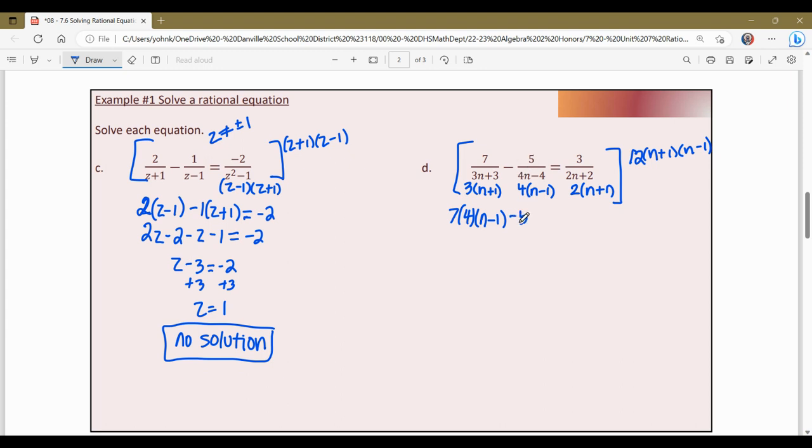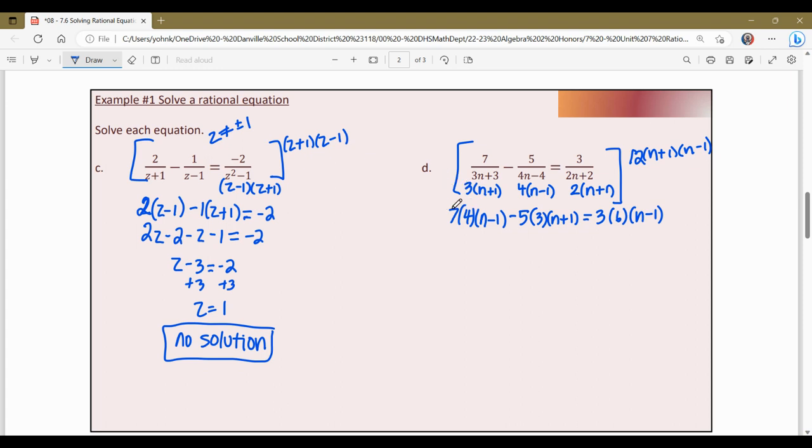Then I have a minus 5 in the problem. When I multiply, the 4 goes into the 12 3 times, so I have a 3. The n minus 1s cancel, and I need an n plus 1. Equals, I have a 3 there. The 2 can go into the 12 6 times. The n plus 1s go away, but I need an n minus 1.